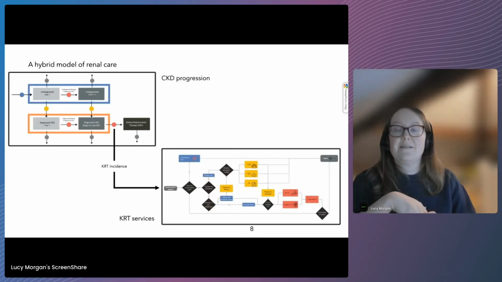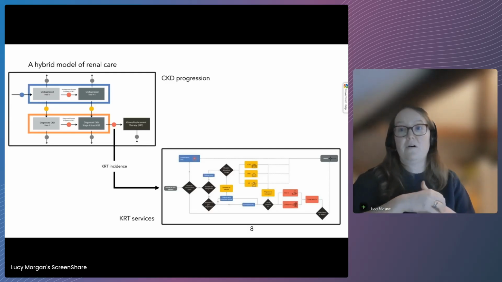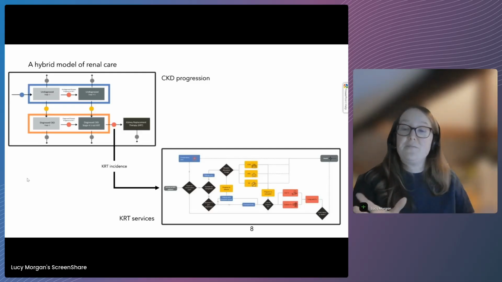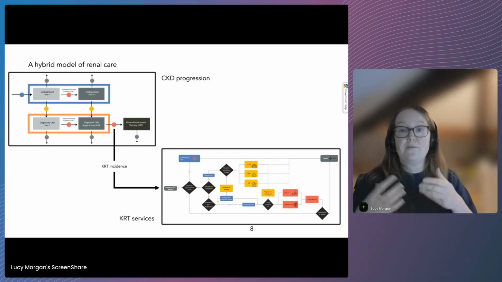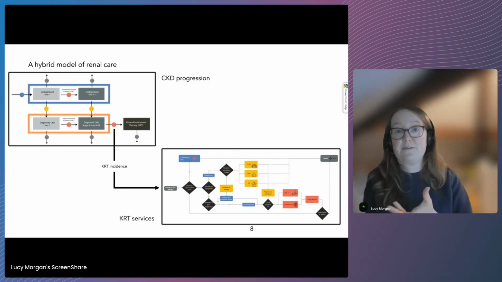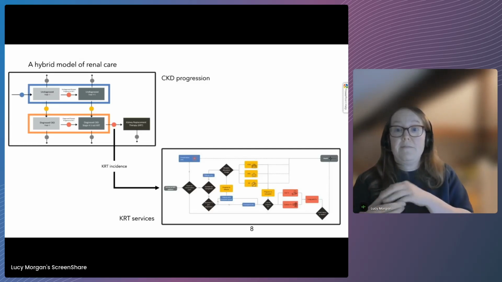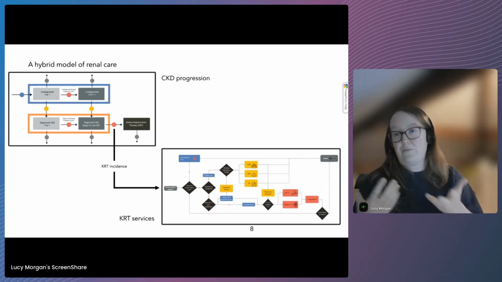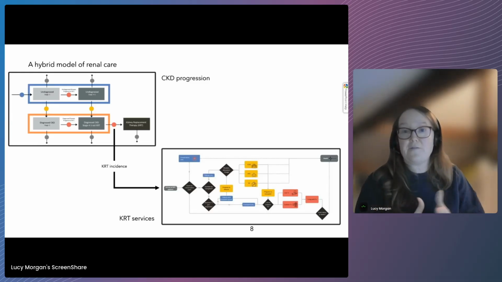Okay, so this is at a high level our model of renal care. I've put it in two boxes because they are two separate models, but they are linked. So we could think of this as a sequential hybrid model. The first model represents CKD progression. So we're thinking about how people get progressively more and more ill, having been with chronic kidney disease over time.